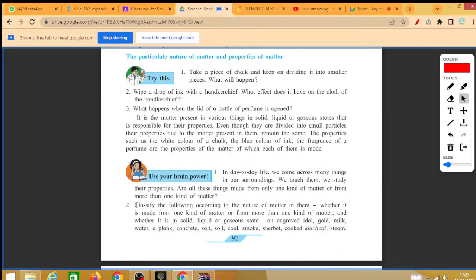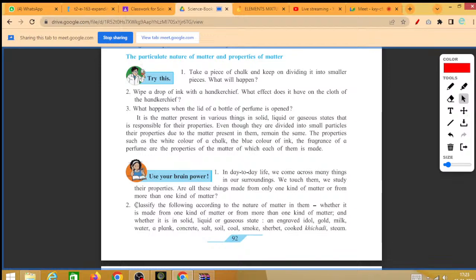So one at a time you will all answer. An engraved idol. What do you mean by that? An idol is a murti. Means it is solid, and ma'am it has weight also. What is it made from? One kind of matter or more? Miss, more. Which more?